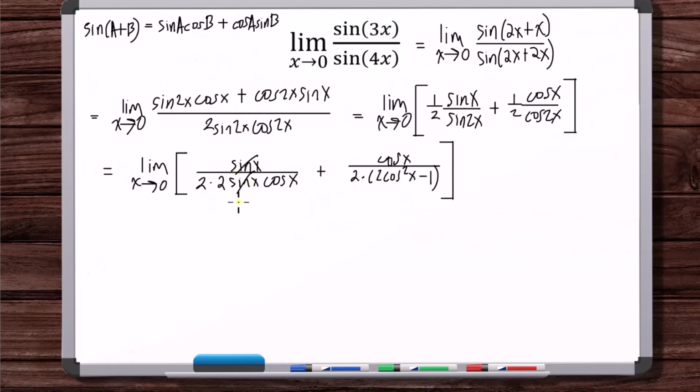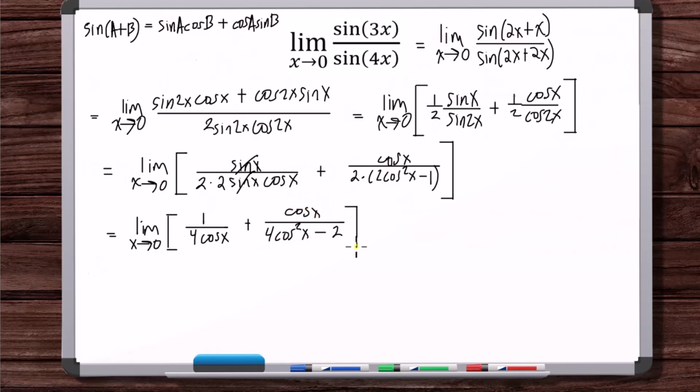Okay, so these sines cancel. And we're left with 1 over 4 cosine x, and then 4 cosine squared x minus 2.